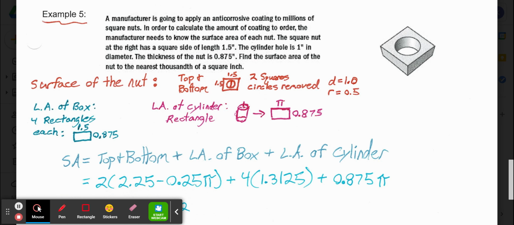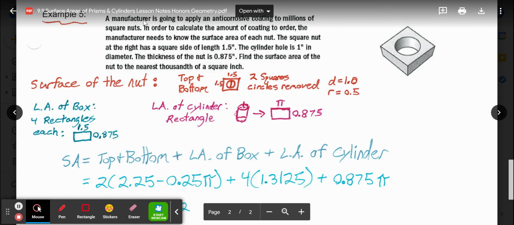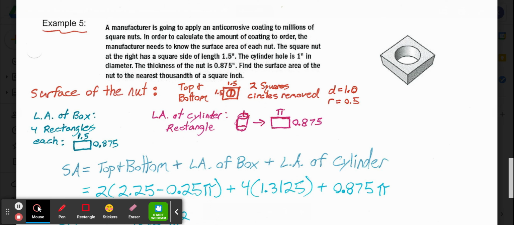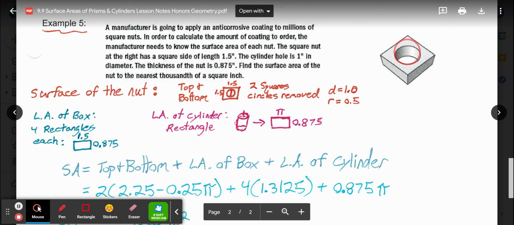Then moving on to example 5. Example 5 is dealing with a manufacturer that is making an anti-corrosive coating for millions of square nuts. So our square nut right here. In order to calculate the amount of coating to order, the manufacturer needs to know the surface area of a square nut.